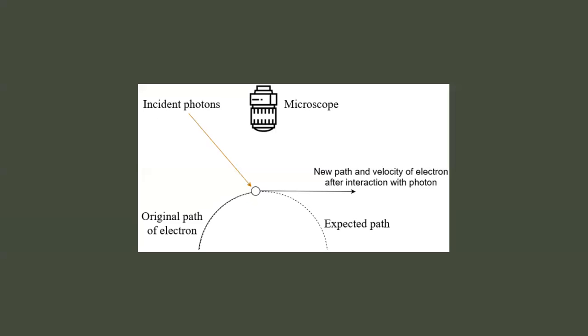So when it absorbs the energy from the incident photon, it will move to a newer path. You don't know its expected path, so you cannot determine both the position as well as the velocity or momentum of the electron. If you try to measure one, the other one's value will obviously change.